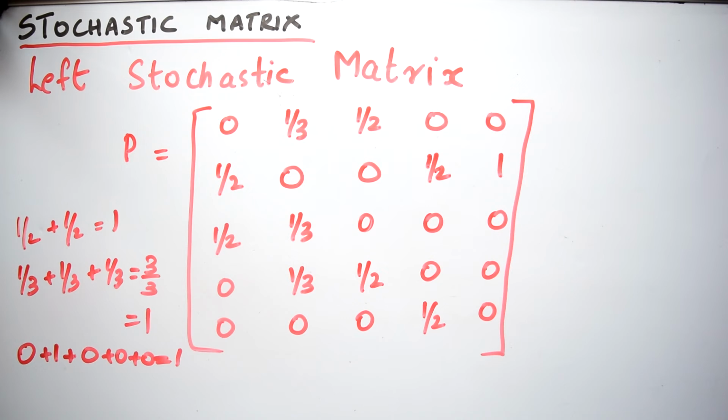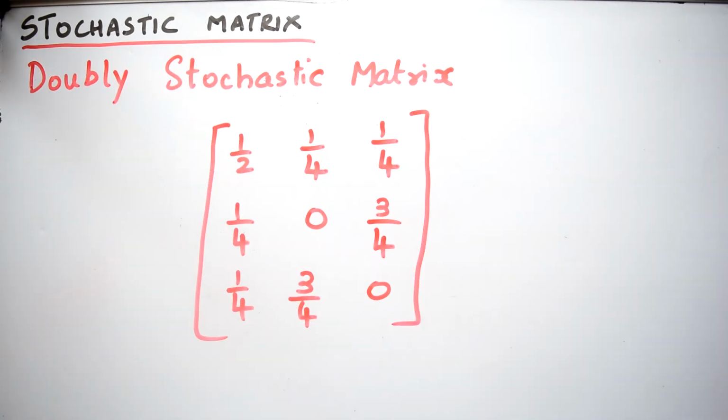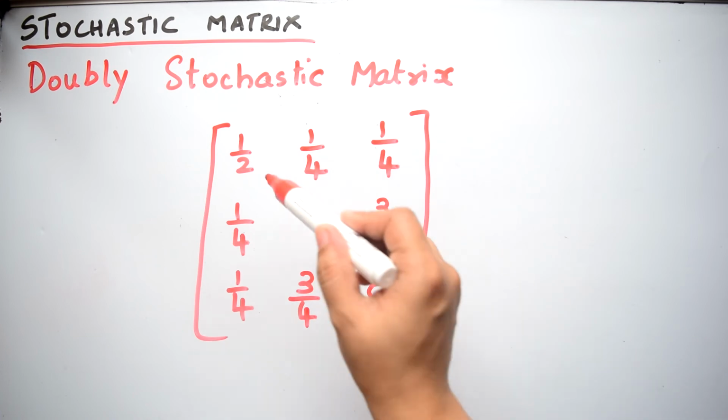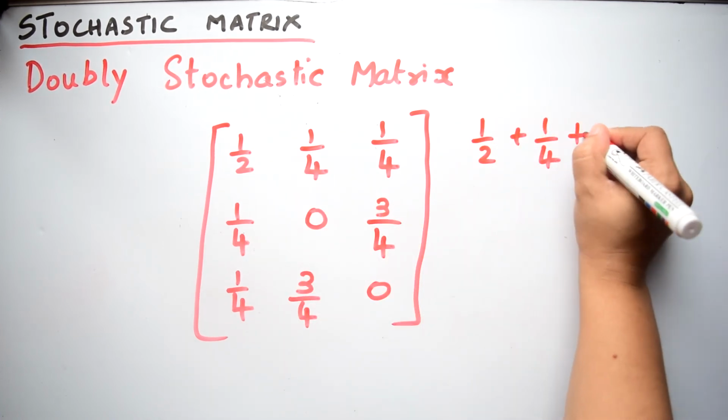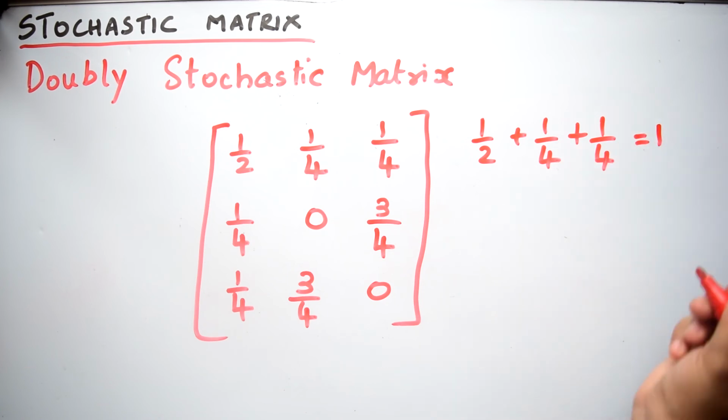The last one is doubly stochastic matrix. Consider a real square matrix like this. It is a 3 by 3 matrix. Here if you add the elements in any row and any column, you will get the sum 1. In the first column, if you add 1/2 plus 1/4 plus 1/4, it is equal to 1.